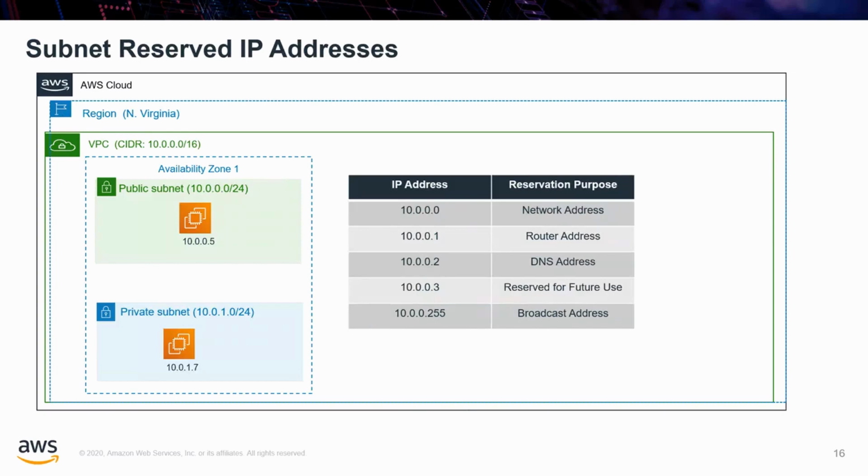Okay, so when you provision a subnet within a VPC, you essentially reserve a certain set of IP addresses that you cannot use. So, for example, in this diagram, what you're seeing is in this VPC, I've used a CIDR block of 10.0.0.0/16.